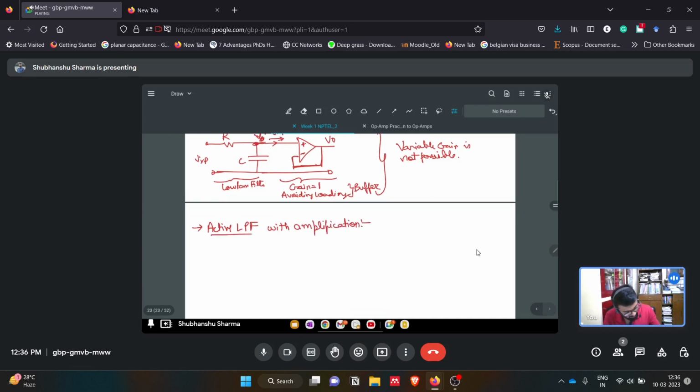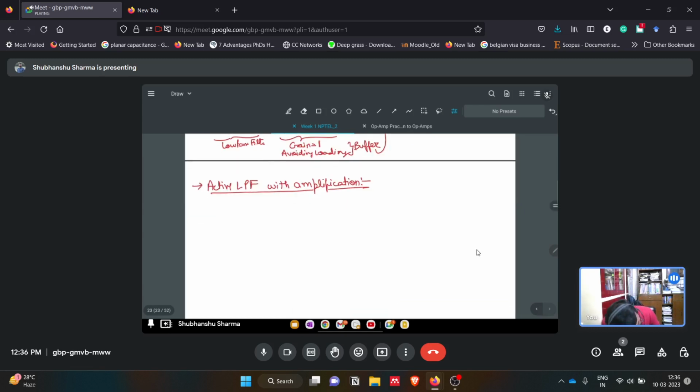We will use the same RC network, R and C, and we'll add negative feedback to this op amp. This is R2, this is R1.